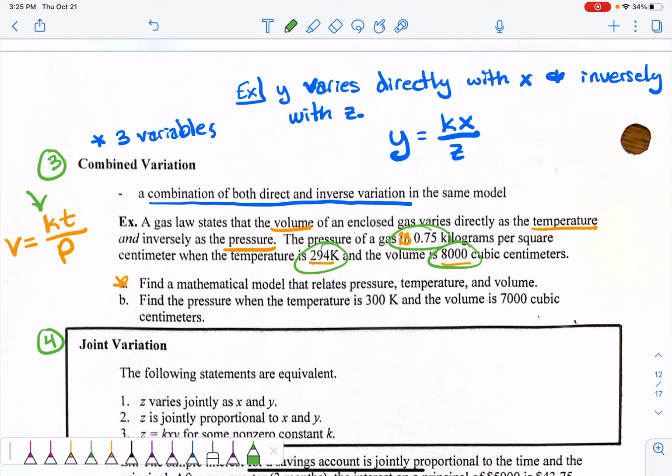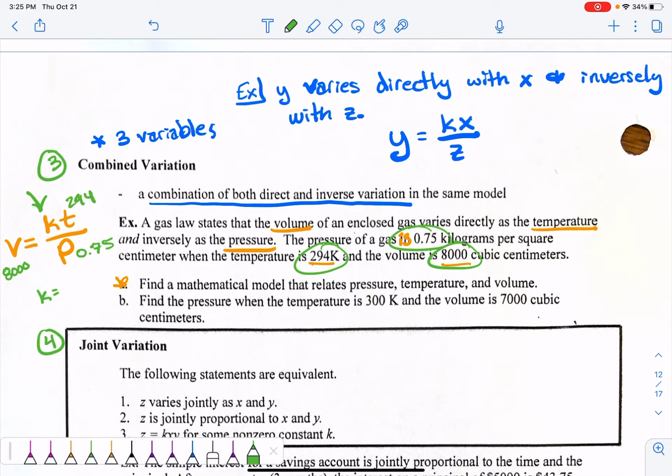So 8,000 is going to go in for the volume. Temperature is 294. And pressure is going to be 0.75. And we're going to solve for that K, okay? So I'm going to do this like 8,000 times 0.75, since we would end up multiplying by 0.75 to the other side, right? And then we would divide by 294 to get K. I hope that made sense.